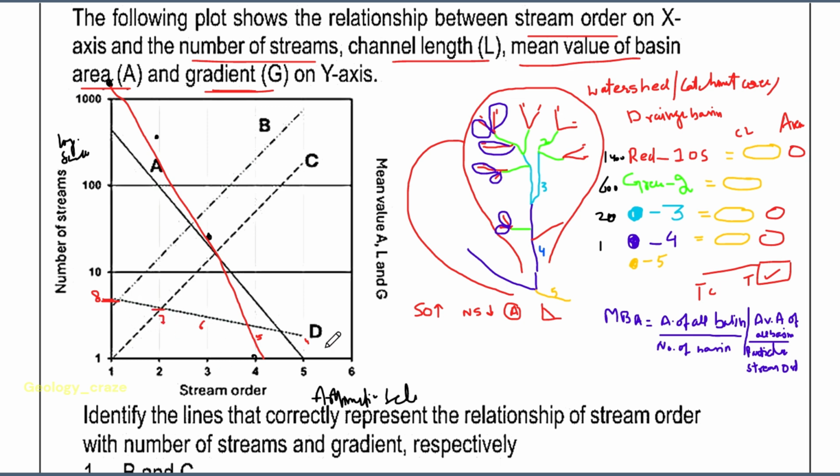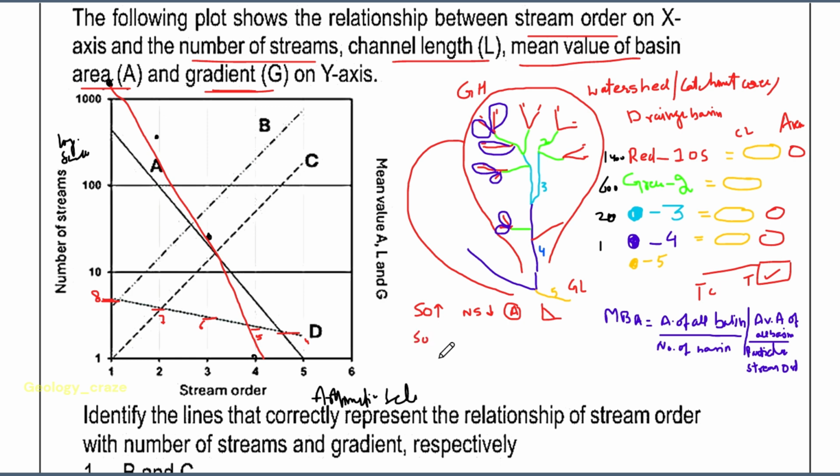That's why water is flowing like this, from here to fifth order. Here gradient is high, here gradient is low. Not with respect to stream number, it is matching with respect to gradient. Again lower, and again lower.